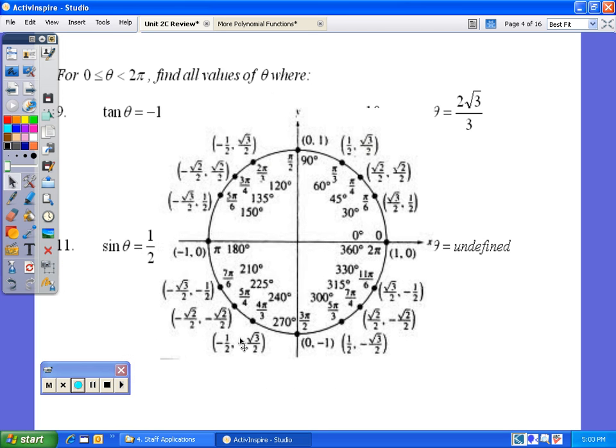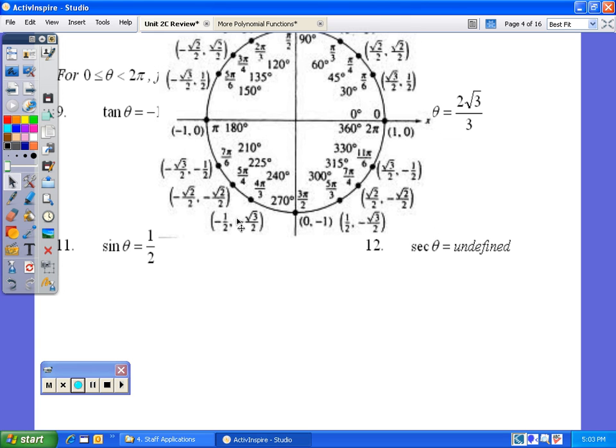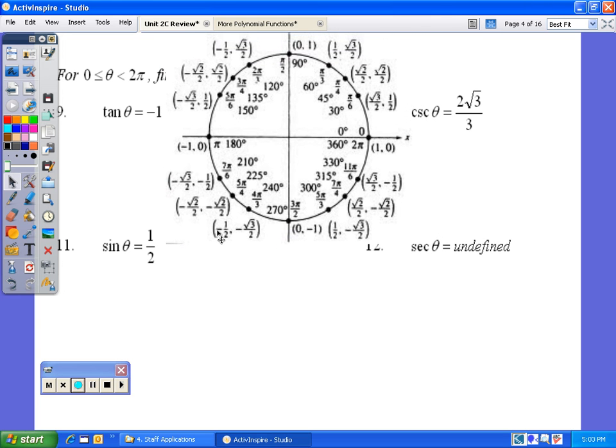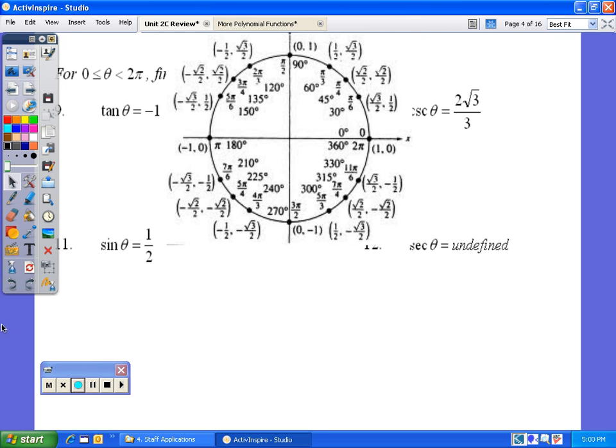Alright, I'm going to move this up so we could look at the next two examples. Alright, the next one says sine is equal to 1/2. So I have to look at my unit circle, and mind you, if you need to write this for yourself on your test, you should. It'll help you get at least the entire first page of your test, which is the multiple choice.